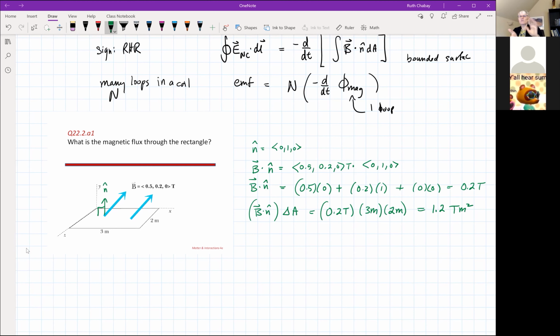We had to add up the flux all over that closed surface. Faraday's law is different. It says that we're interested in the electric field along some closed path, and we want the flux through the surface enclosed by that path, even though that's a single flat surface.